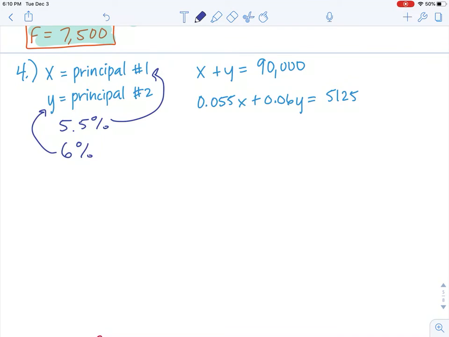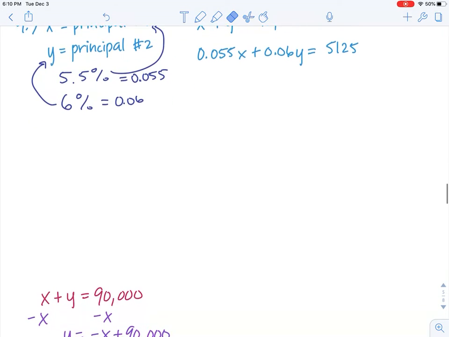We have to change the percent to a decimal. 5.5% is 0.055 in decimal form. 6% is 0.06. So since 5.5 is for the first principal, it's in front of X. Since 6% is for the second principal, 0.06 is in front of Y. And this is how much the interest was together.